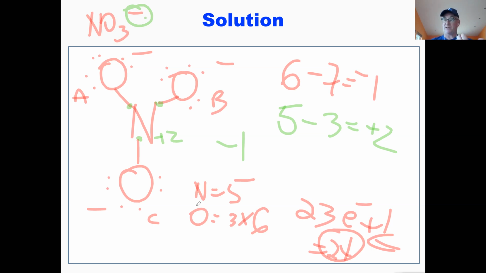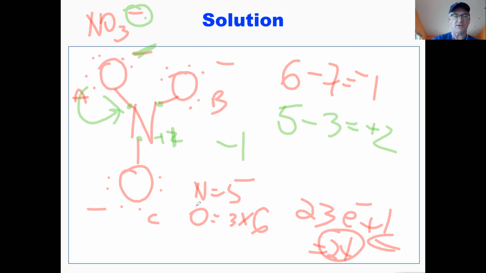So generally, what's going to happen here is that this pair is going to go in the middle, form a double bond, and then give nitrogen a +1 charge and get rid of this negative charge.